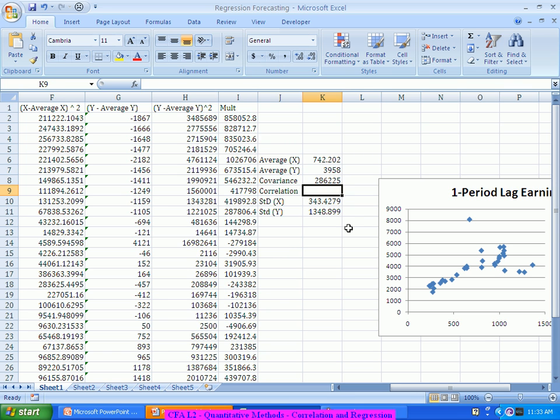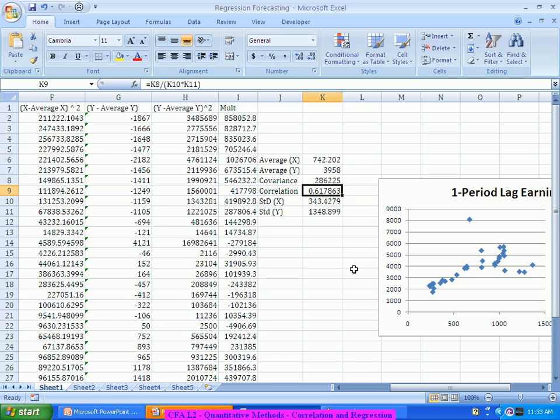So covariance divided by the standard deviations of both these elements gives me the correlation. In this case the correlation is coming out to 0.61. So we know that the correlation lies between minus 1 to plus 1.